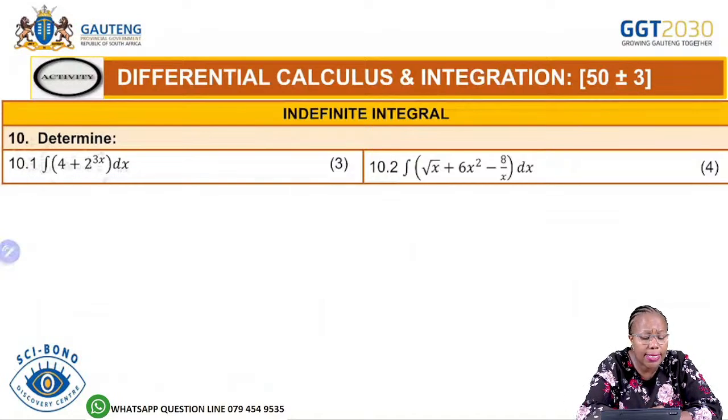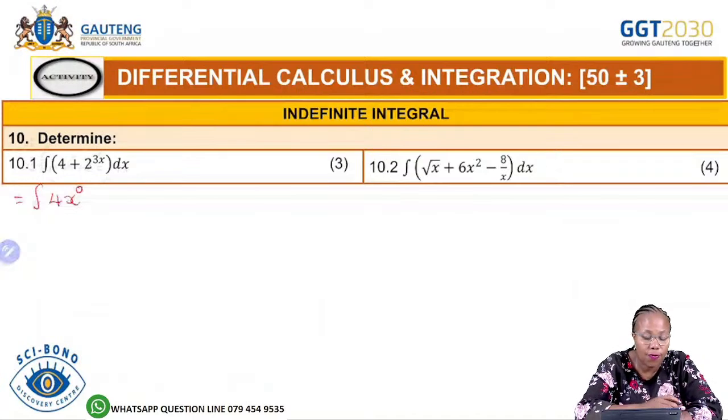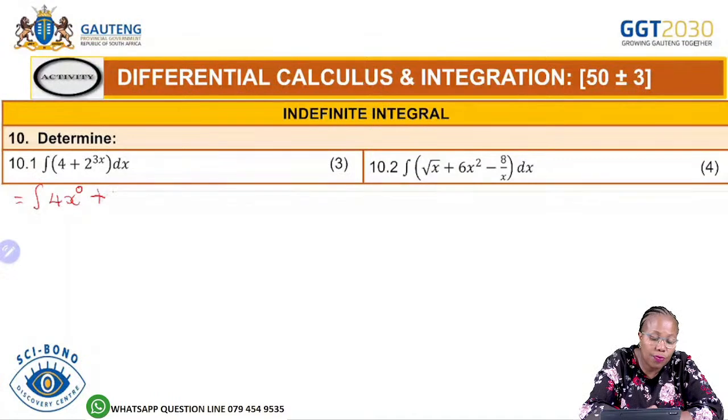So in this case, we are going to start by writing this. Remember, this is 4x to the power 0. That is why it's written as 4. x to the power 0 is 1, and 1 times 4 is 4. So you deal with those first and identify all the exponents. And then this is still in the x form.